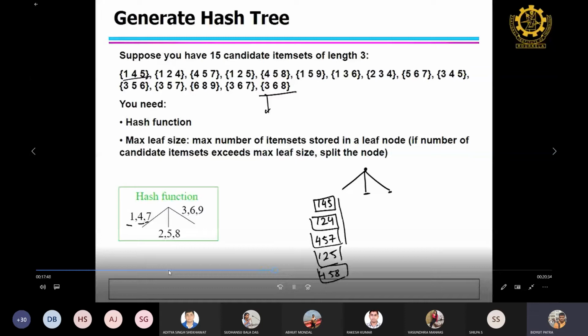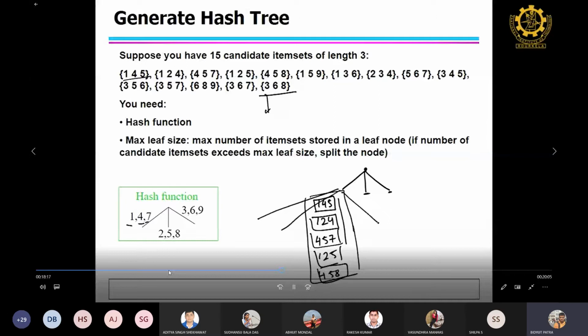But if a node exceeds the maximum number of candidate item sets, which we decided is 3, then we split the node again into 3 child nodes. So the new structure, instead of this leaf node, should come up with 3 nodes. This is 1, this is 2 and this is 3.